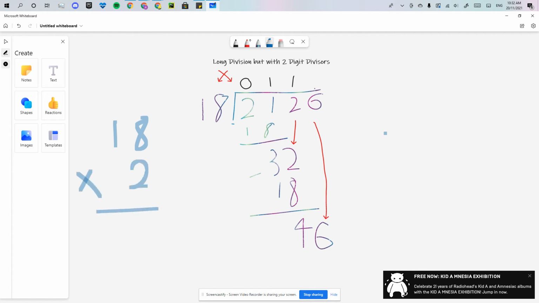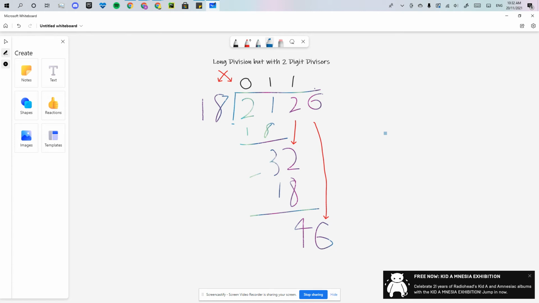That will give us 6, 1, 6, and then 2 times 1, 2, 3. Gives us 36.